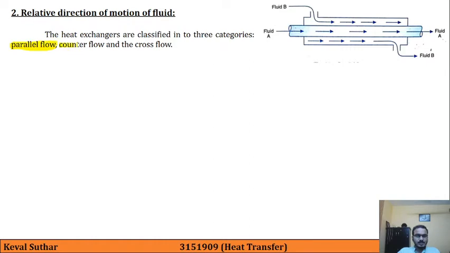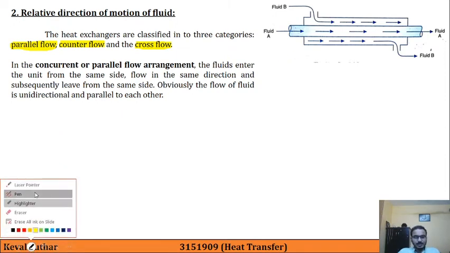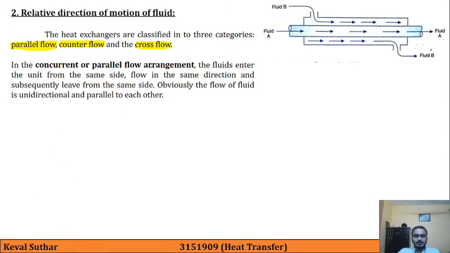Second is counter flow heat exchanger. And third is cross flow heat exchanger. As you can see our first figure, in which it is the example of parallel flow heat exchanger, that is called as concurrent or parallel flow arrangement.